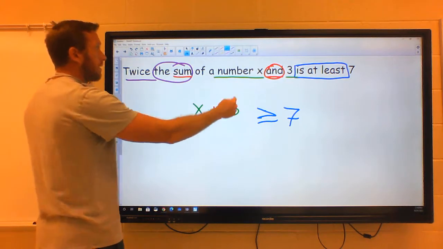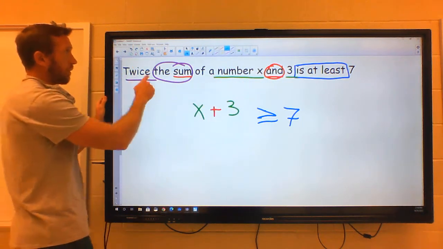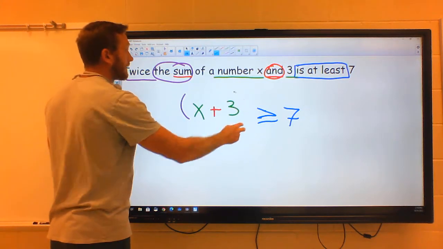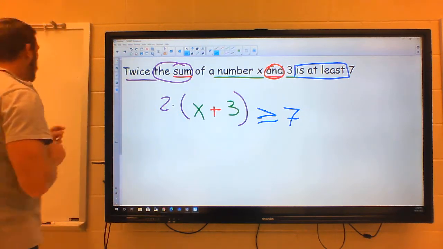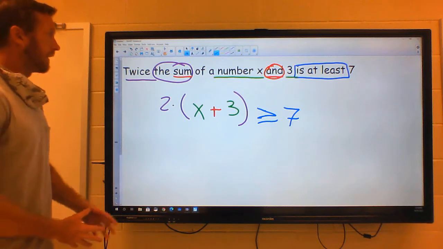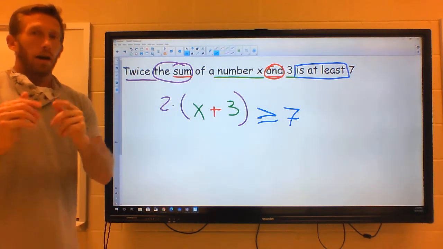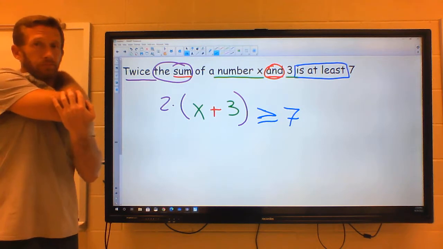This is the sum of x and 3. And we're doing twice that entire sum. So the way that we would do twice an entire sum looks like this. Okay? Where we multiply the entire sum by 2. All right, now I'm going to have you solve this.